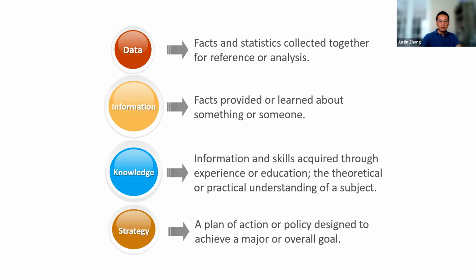You can see the difference between data, information, knowledge, and strategy, and how they evolve into higher levels at different stages. But data is the foundation, the raw resource for us to move into information, knowledge, and strategy.